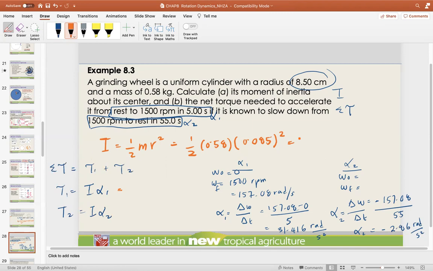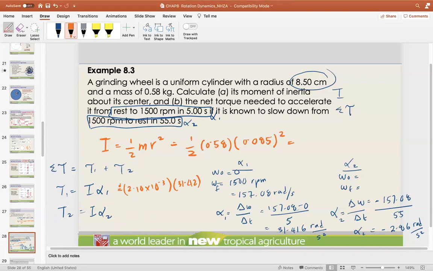That is 0.58 times 0.085 squared divided by 2, which is about 2.1 times 10 to the minus 3. That's your I, and your alpha is 31.42. So that's your first torque.